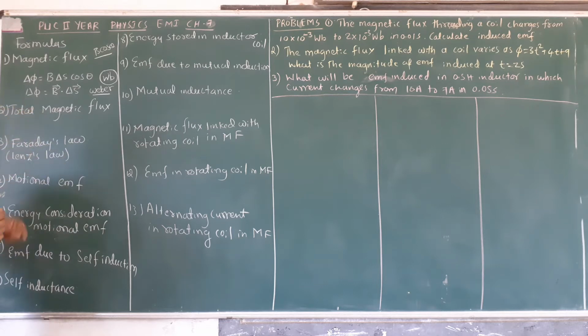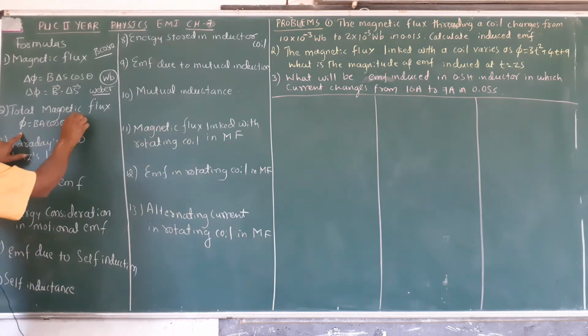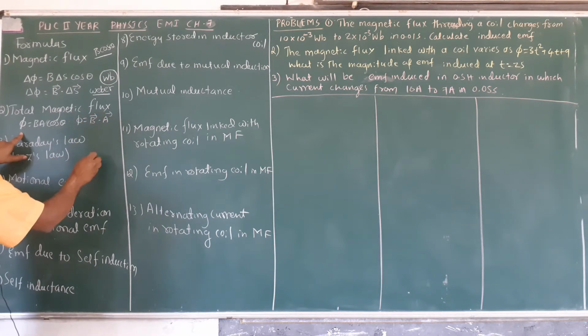Now the total magnetic flux is phi equals B A cos theta, where A is the total area. This is the scalar product, vector B dot vector A.